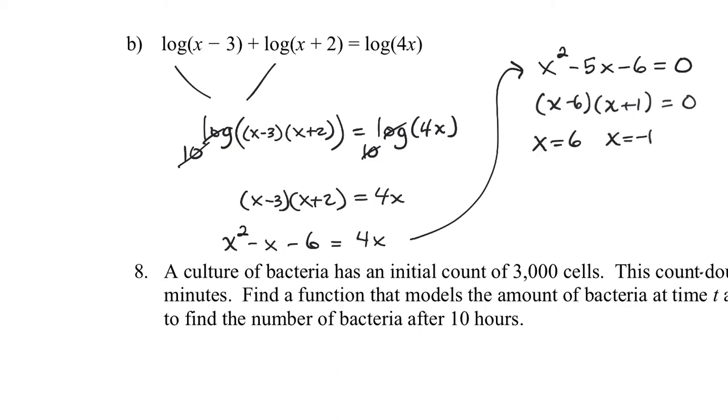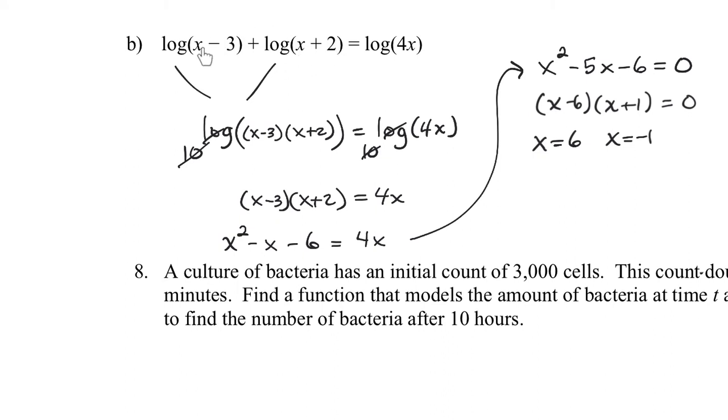And I say possible solutions, because the thing you need to keep in mind when you are solving logarithmic equations is you cannot have any value for your variable that is going to turn the expression inside of a logarithm negative. Remember that you can't take the logarithm of a negative number. Negative 1, for example. If you plug negative 1 in here, for this x, negative 1 plus 2 is 1.